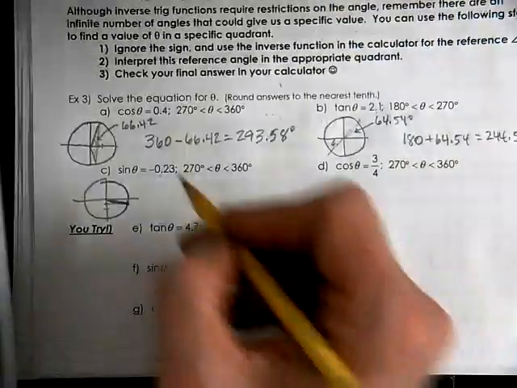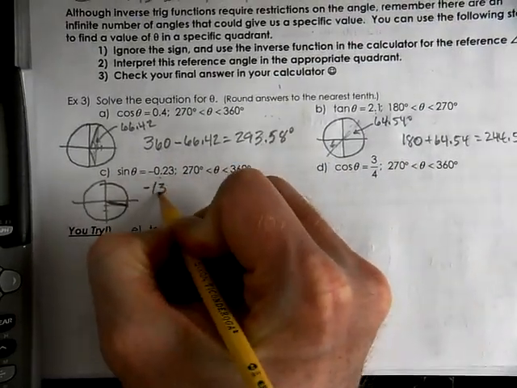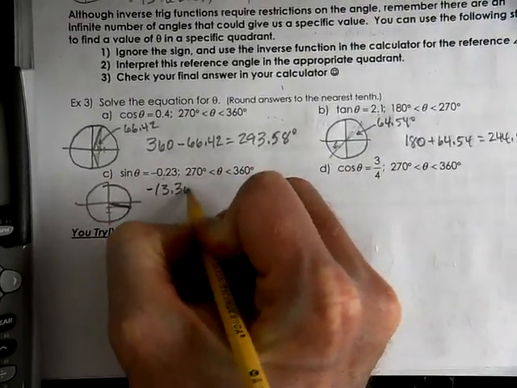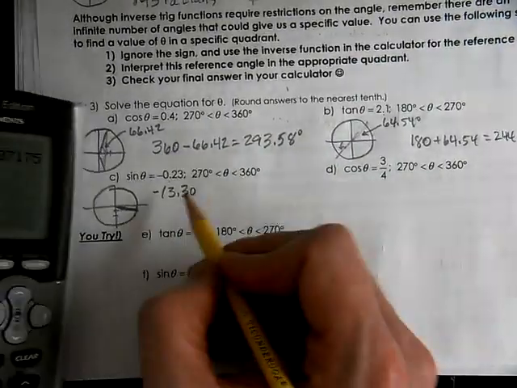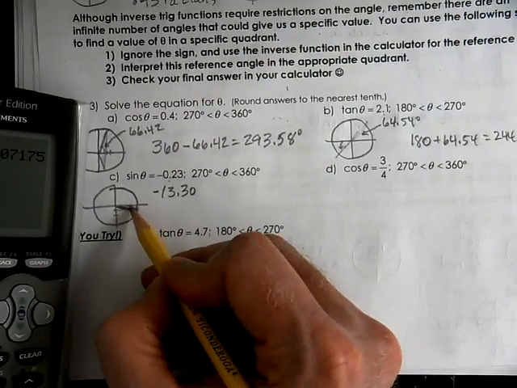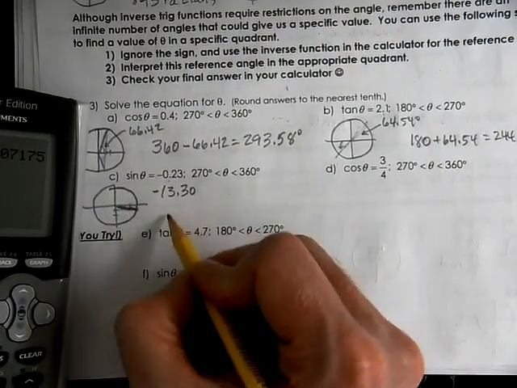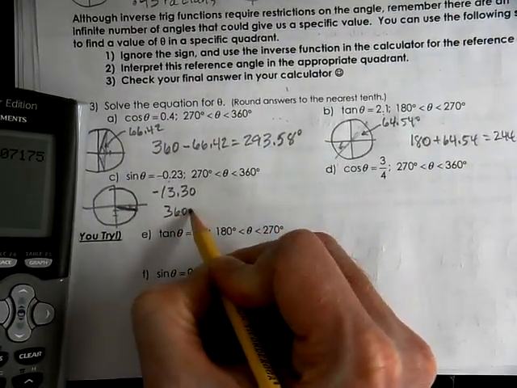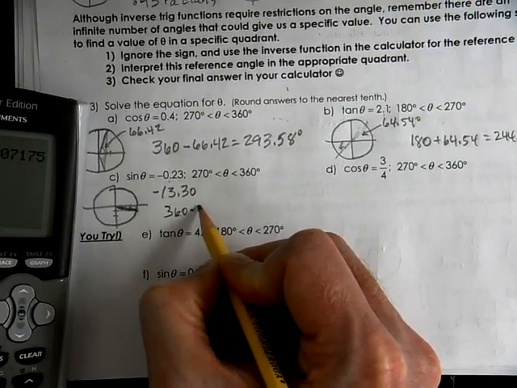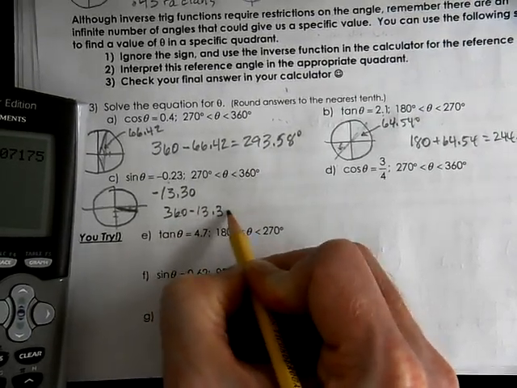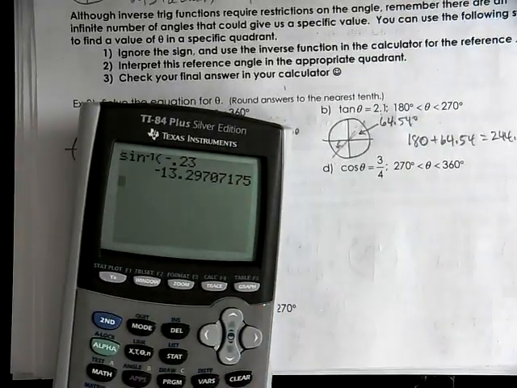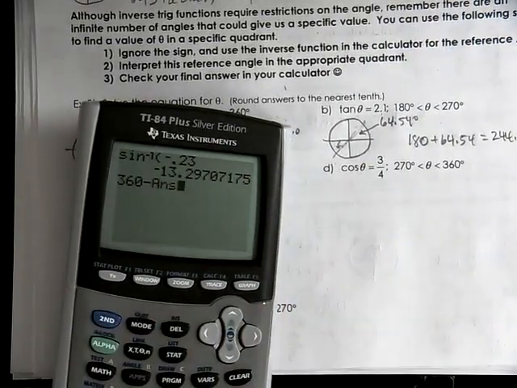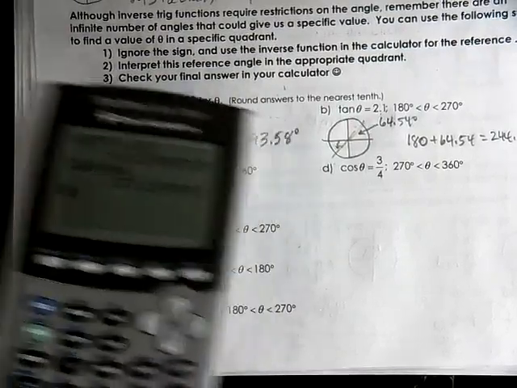It's going to give us this negative answer. Round it up to get 0.30. So we have to do 360 minus that little bit. To be exact, we want to use this, 360 minus the previous answer. Don't use a rounded number.